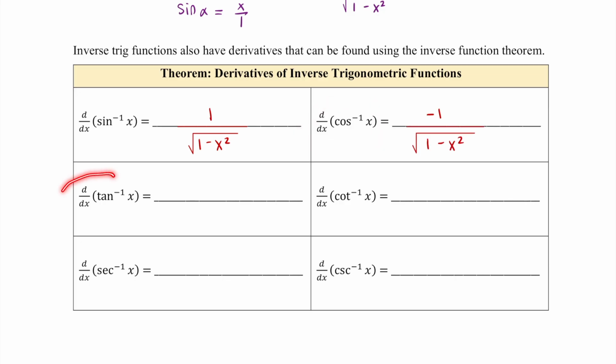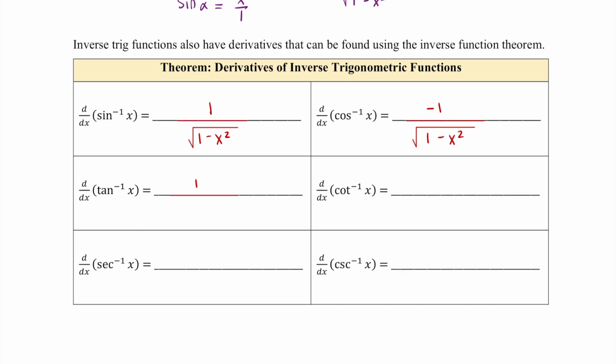The derivative of tangent inverse of x is 1 over 1 plus x squared. The derivative of cotangent inverse of x is negative 1 over 1 plus x squared.